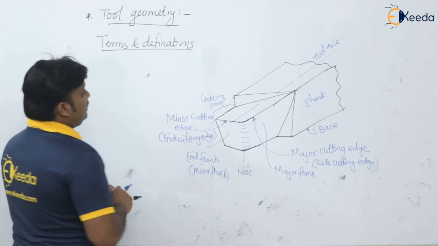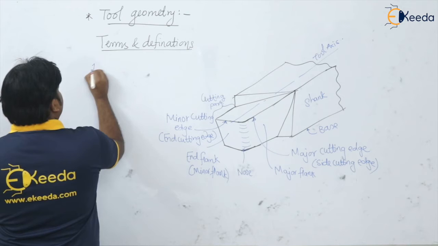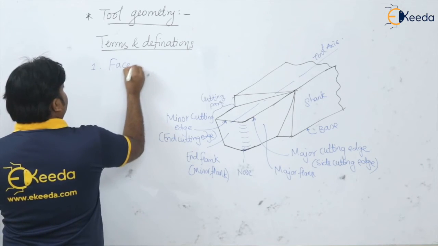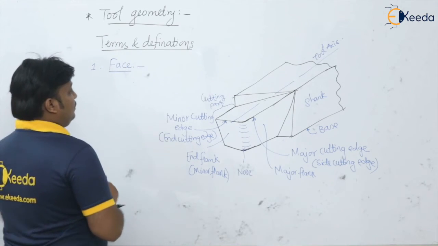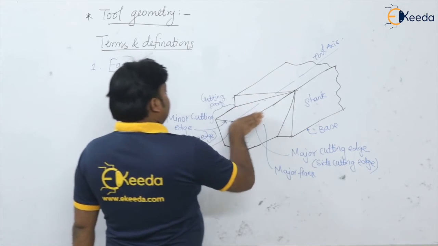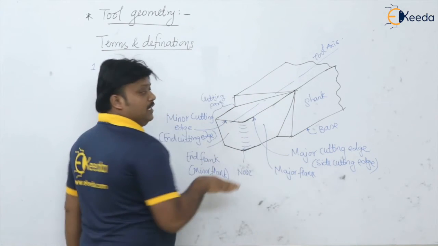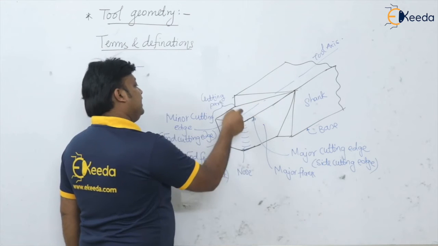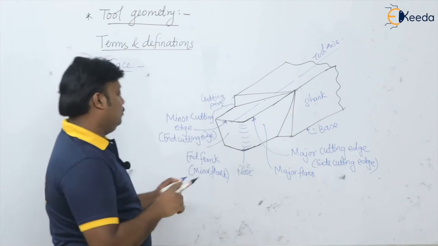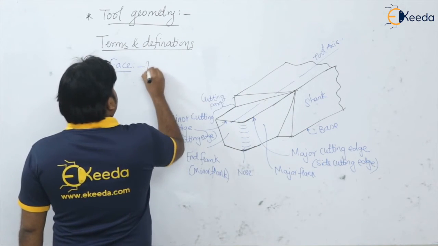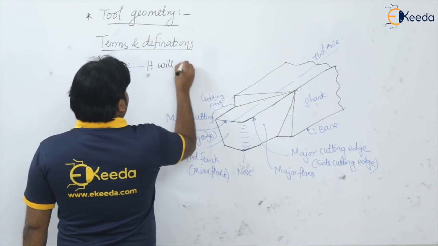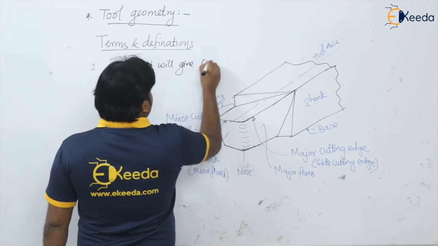And what are the terms here? So number one, the face. What is face? The face is the portion or the surface which will give the convenient direction to chip flow.